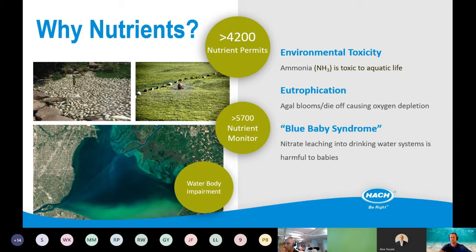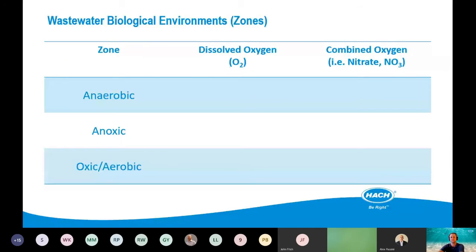Another issue is nitrates, particularly in drinking water systems, can be really harmful to young ones, babies. So water body impairment and designated use control for each NPDES permit is what EPA is looking for when they're giving us these regulations, in the US anyway.